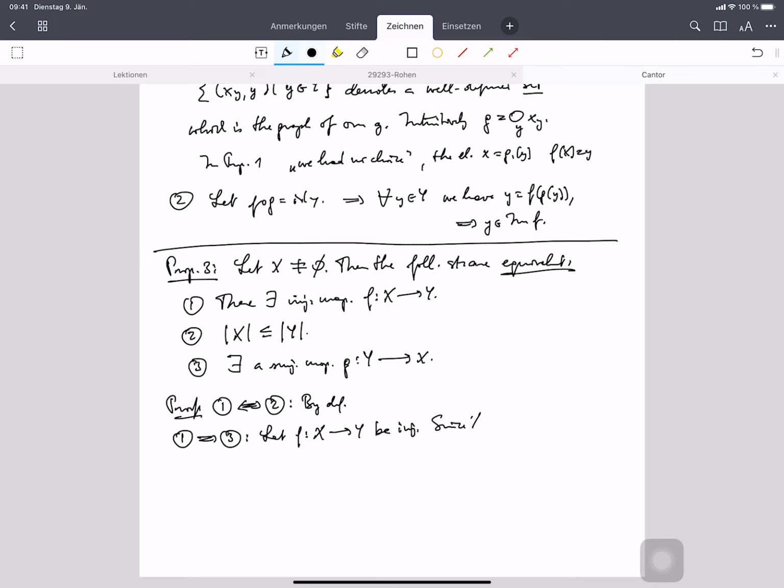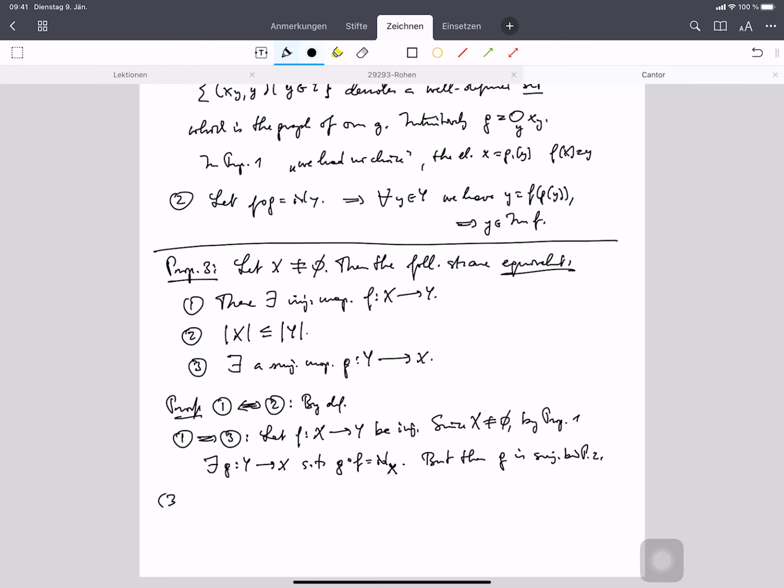Since X is different from void, by proposition 1, there exists g from Y to X such that g composed with f is identity on X. But then g is surjective by proposition 2.